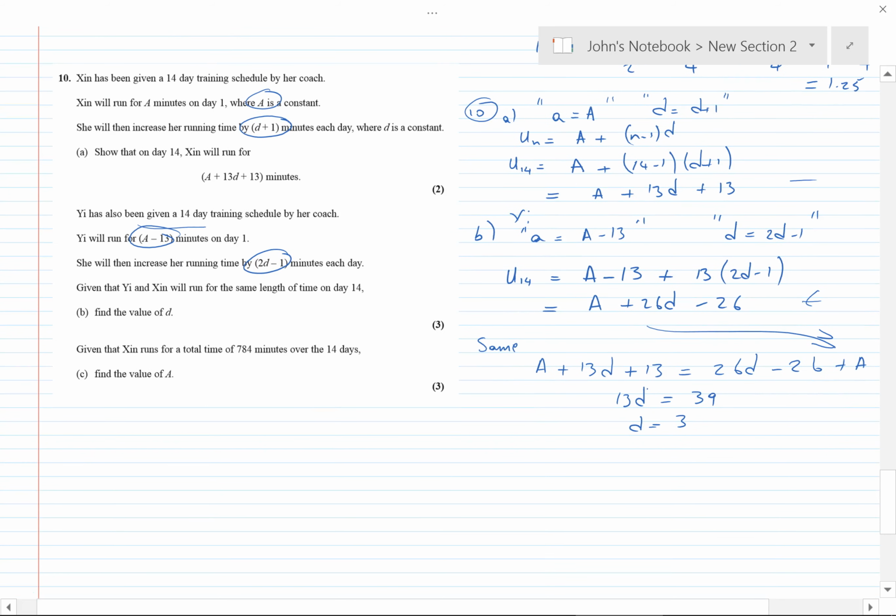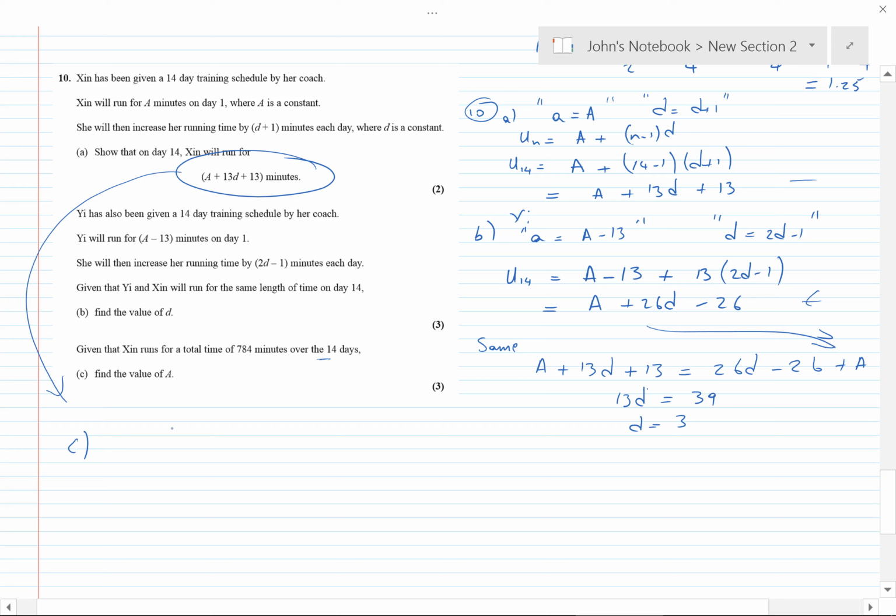Okay, and then finally part C is about the series, and we're back to this expression here. They're doing that so that you can kind of retrieve yourself if you haven't managed to do part B, because we have an expression for, or at least we know a little bit about Zin here, and that they run 784 over 14 days.